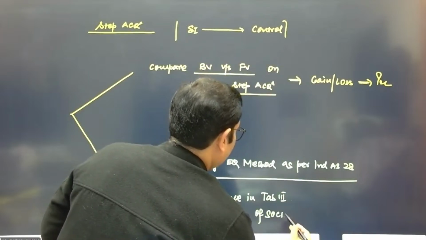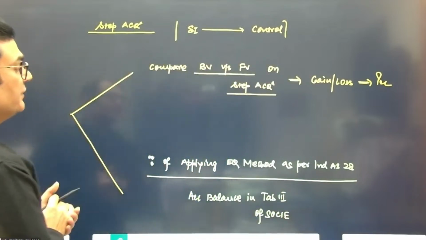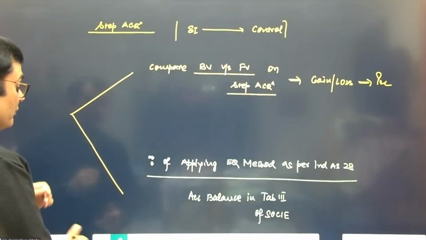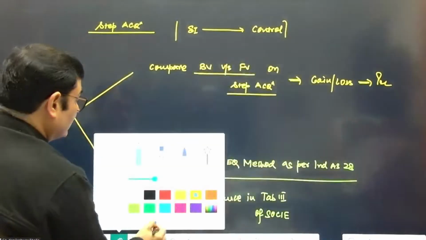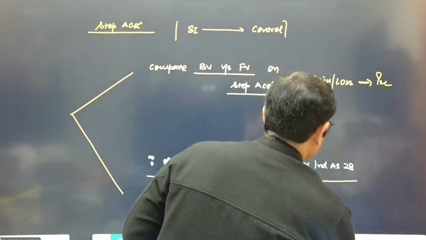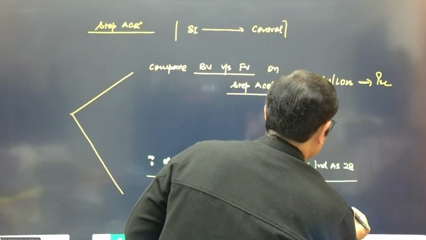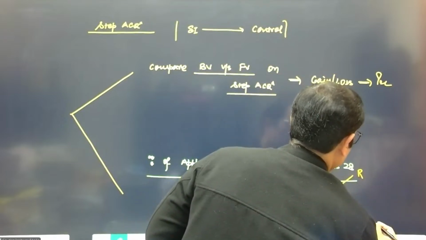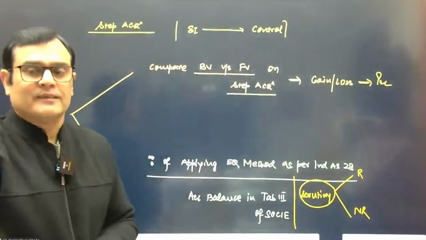So because of the application of this particular method, there will be accumulated balances in tab 3. What we're going to do with this accumulated balance is a scrutiny, and identify which balance is R and which balance is NR.